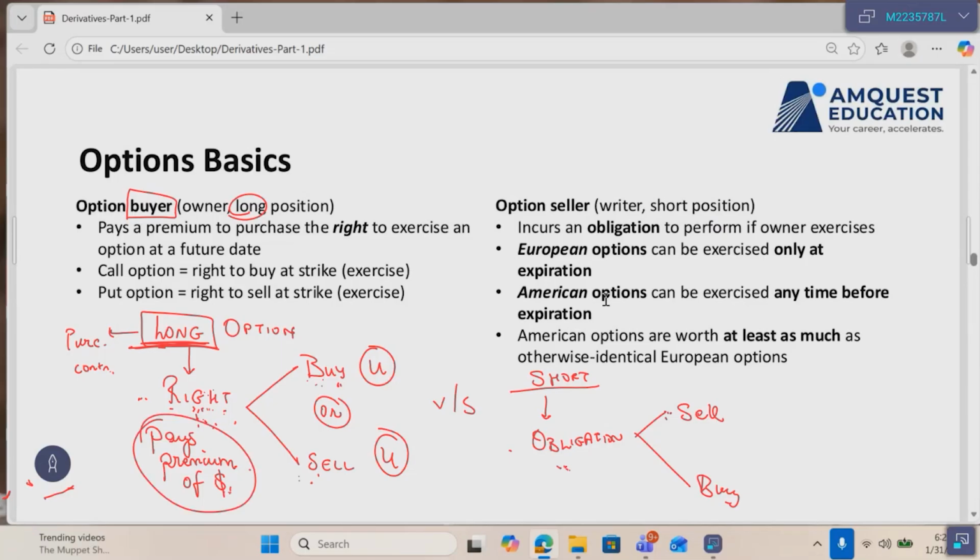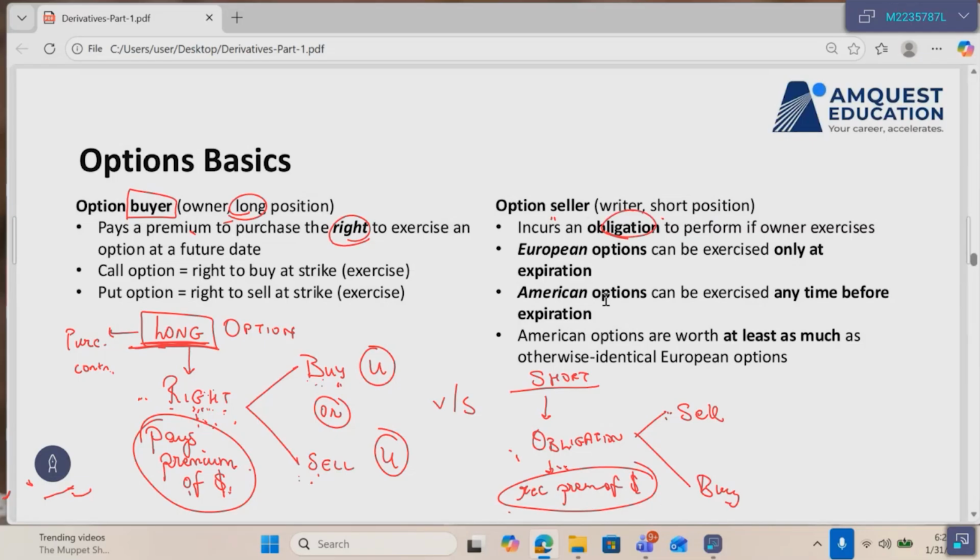This premium is received by the short. He receives a small premium, and because he received the premium, he already earned the income, he will satisfy the obligation. The long is going to pay the premium and will enjoy the right. Are we clear? So in an option, I have a long, who's the buyer, and I have a short, who's the seller. The buyer has the right, the seller has the obligation.